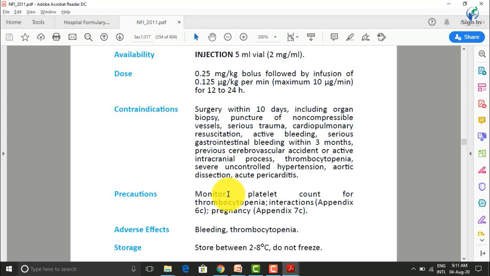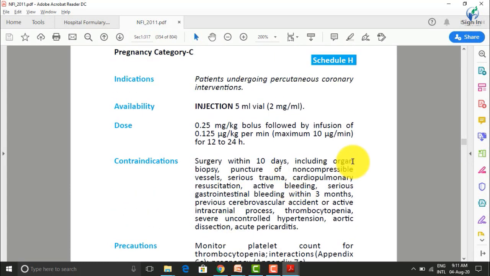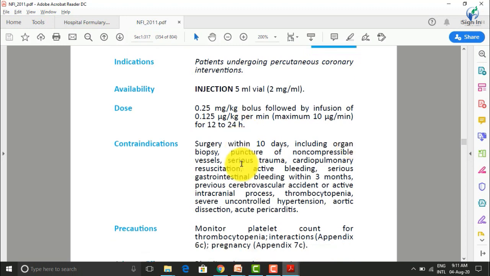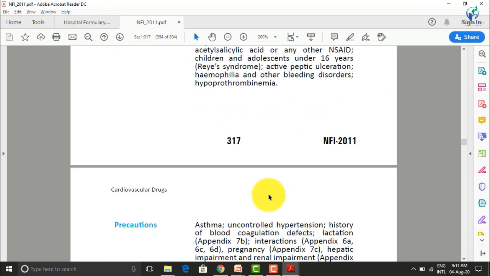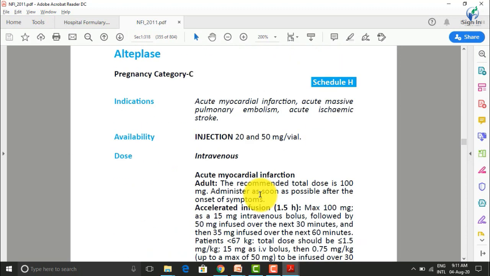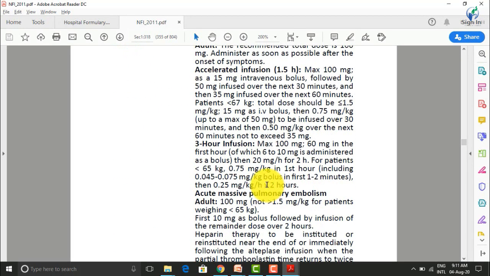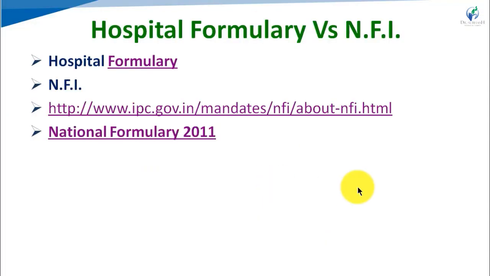So many things they have included. Compared to the hospital formulary, more information is available in the National Formulary of India. But again, there are some limitations. We are considering these limitations because that's why doctors are not preferring to use the N.F.I.